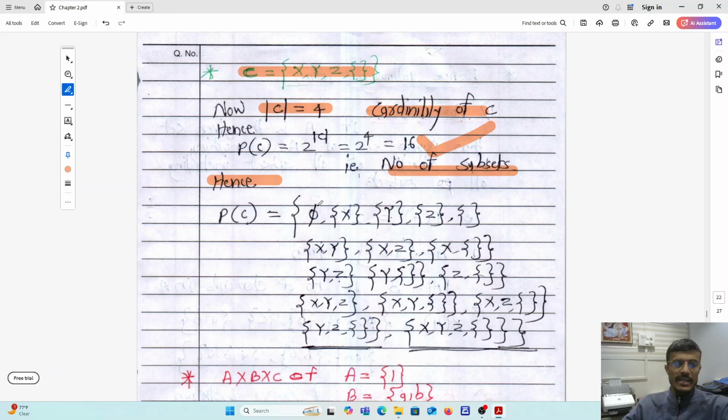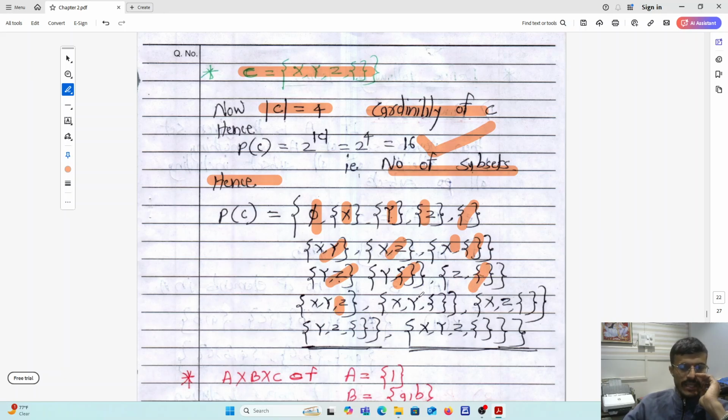So you can see here, this is the phi, {x}, {y}, {z}, and this is one more set. Then {x,y}, {x,z}, and this empty set, or you can say phi. Then {y,z}, then {y, phi}, and {z, phi}.